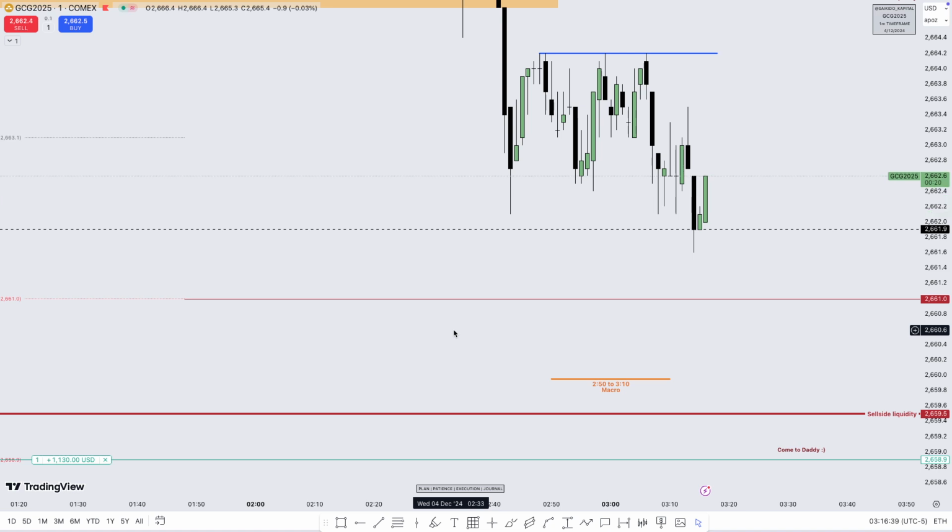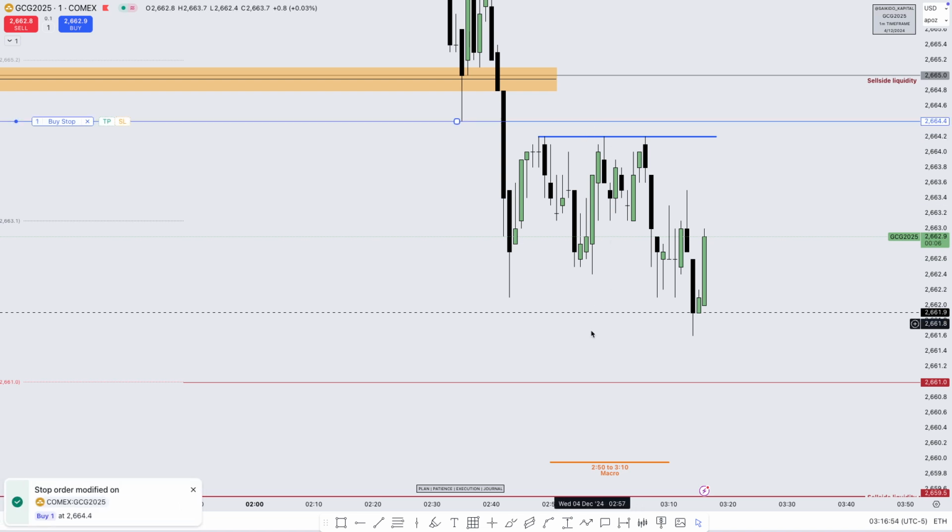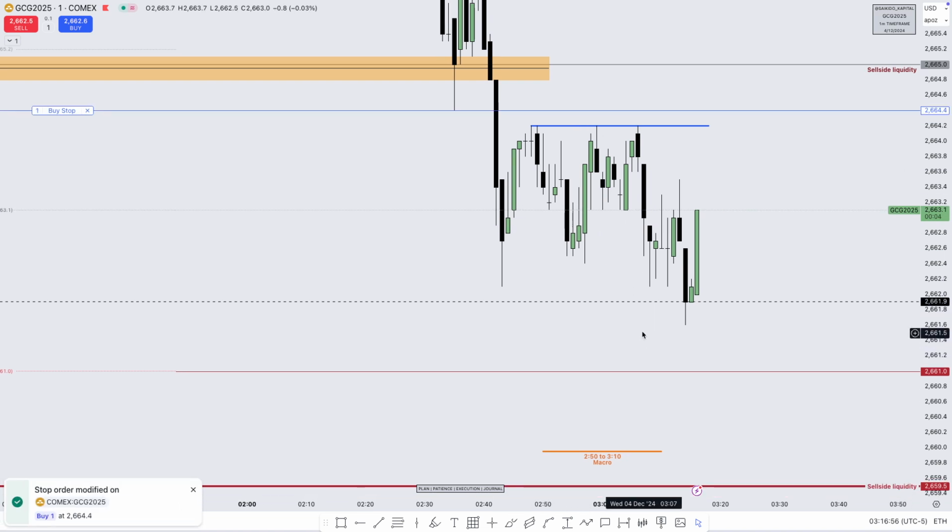Beautiful trade, by the way. So you just cleared this sell side. Now I'm gonna move my stop loss to just above these highs here. This is very important. Inside the silver bullet, what have we done? We just cleared sell side.